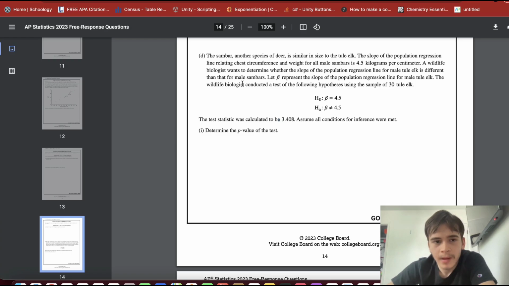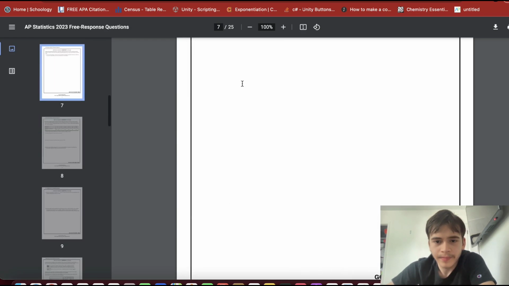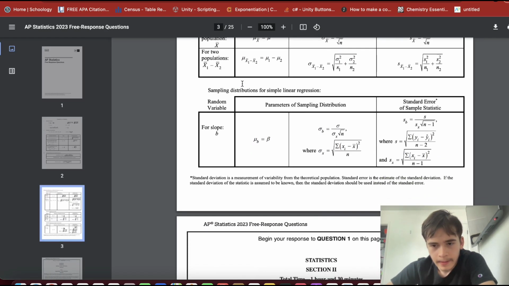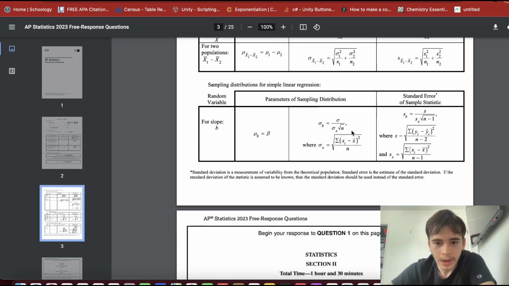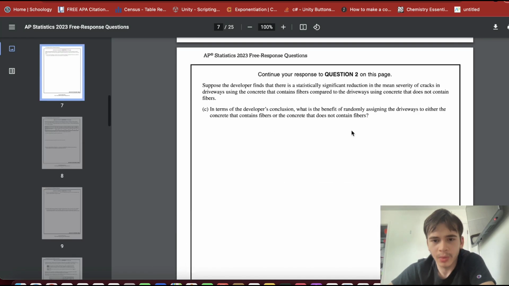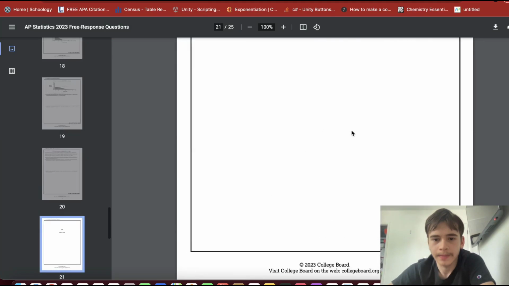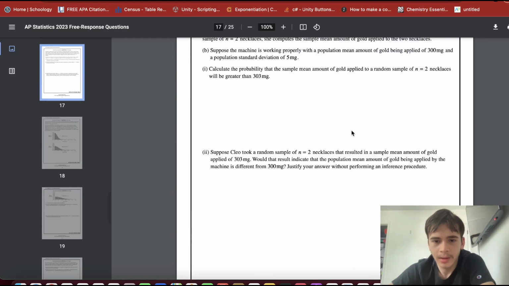Then if we go up, okay, let's see. Mean is whatever the slope is, so 4.5. And then for this one, are we given standard deviation? I don't know. If we don't, we'll just use the formula and plug that into our calculator. I'm not doing all that, but hopefully you already know how to do that.